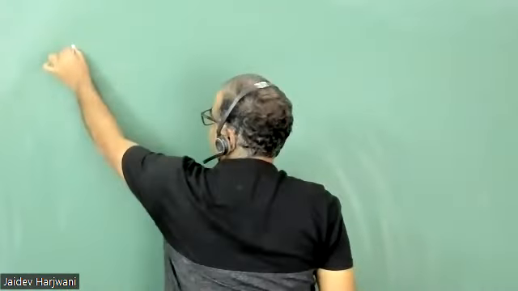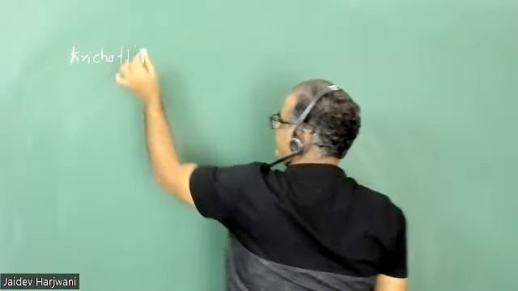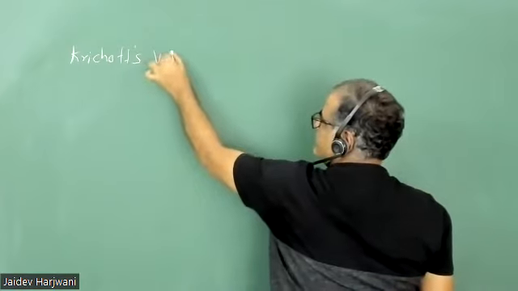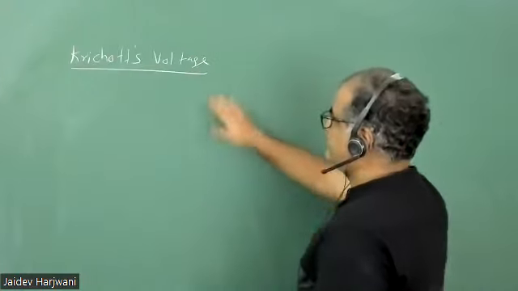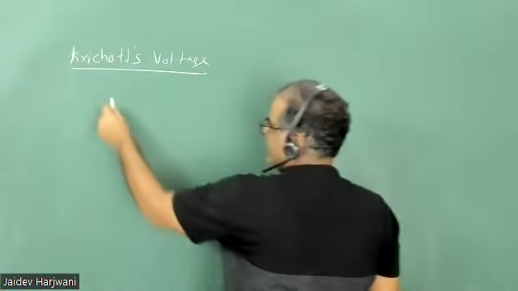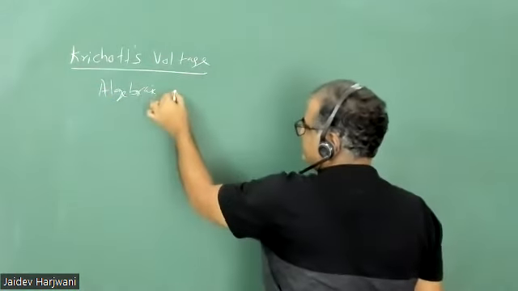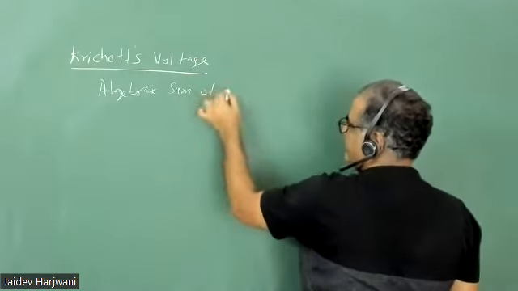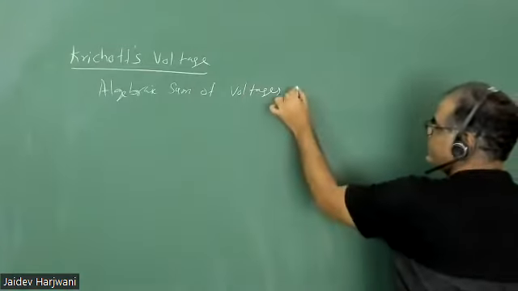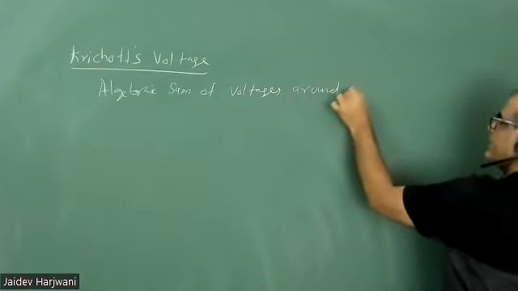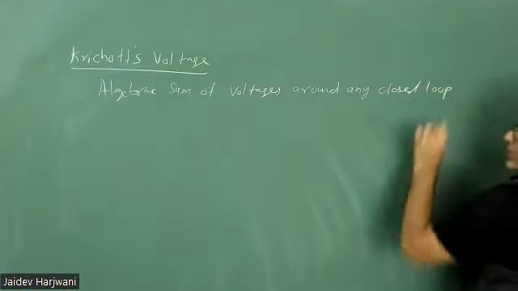So Kirchhoff's voltage law says that the algebraic sum of voltages around any closed loop is 0.